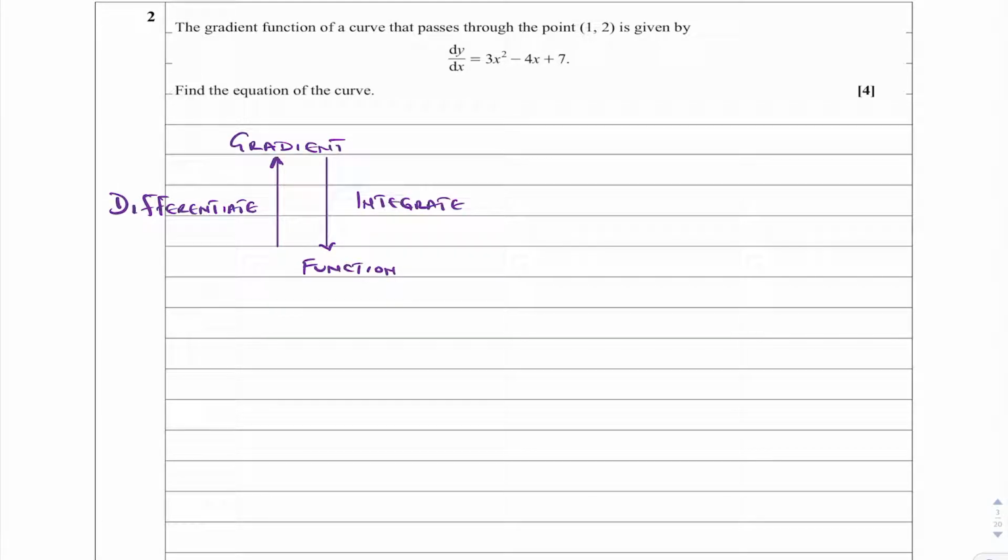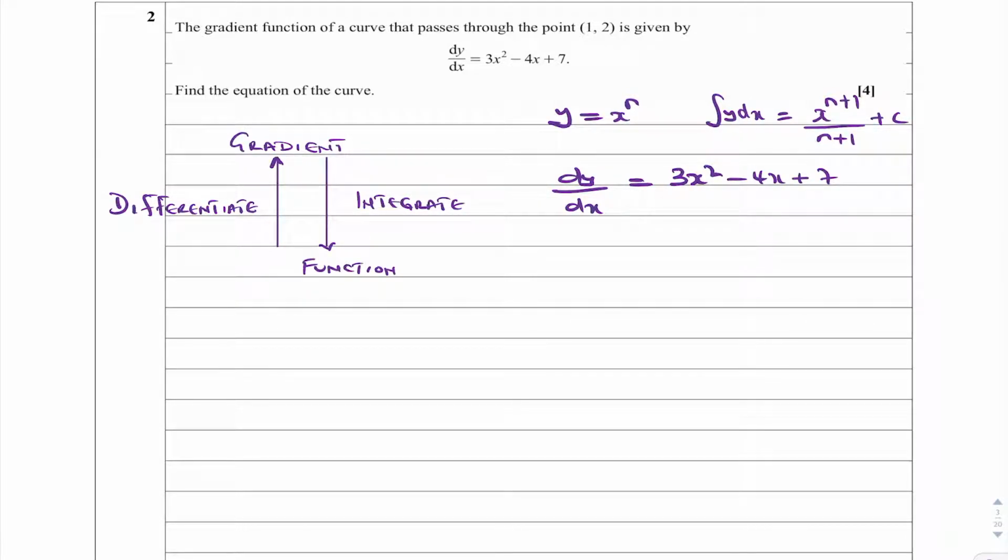Now, with integration, if you have y equals x to the power of n, then the integral of y dx will become x to the n plus 1 over n plus 1 plus c. So that's the definition of integration. We've been given a gradient, dy/dx equals 3x squared minus 4x plus 7.